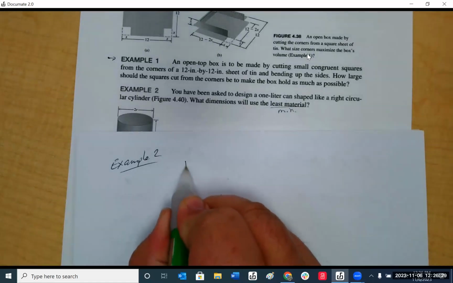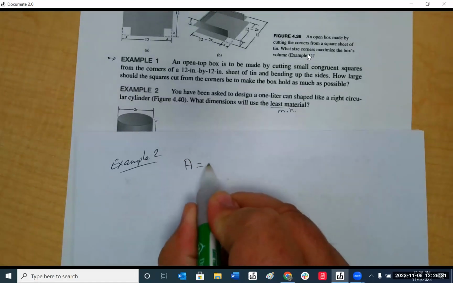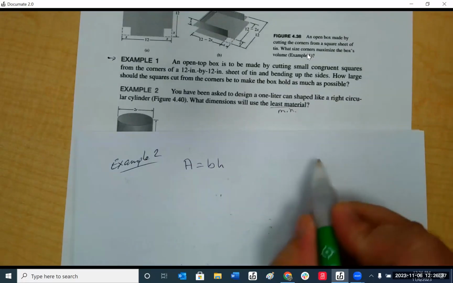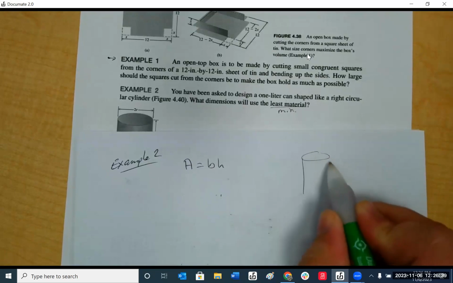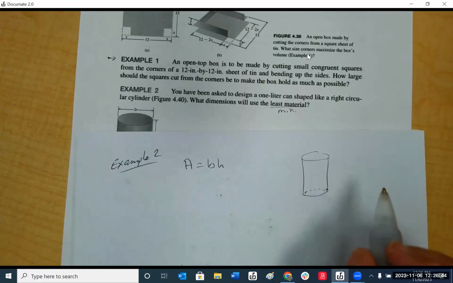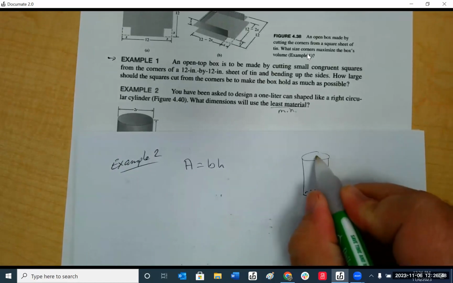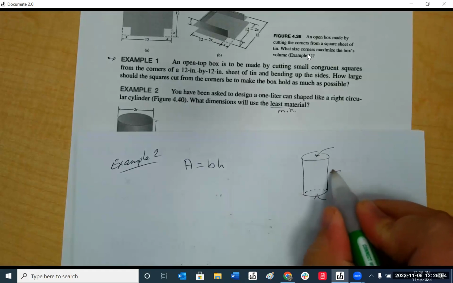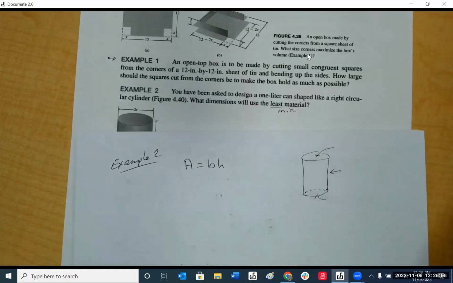Exactly. So we're going to be using an area, base times height. And we're looking for the surface area. So we have to find the area of the top, the area of the bottom, and the area of the can itself.